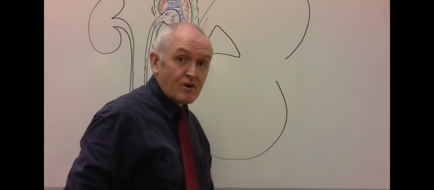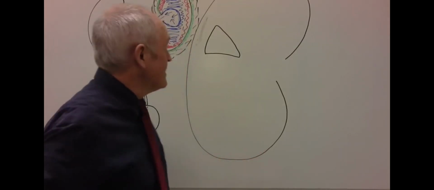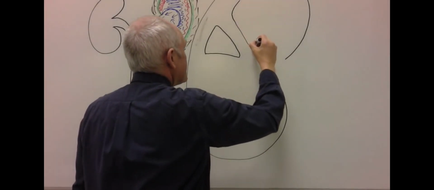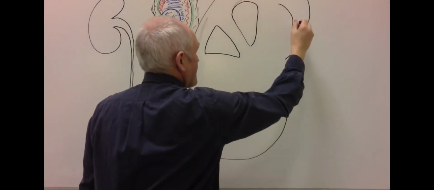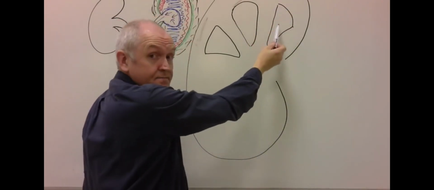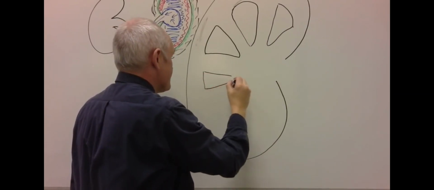So they're triangular on cross section, but they're actually pyramid shaped in 3 dimensions. So there's a series of these renal pyramids. They have a widened base and a smaller apex.